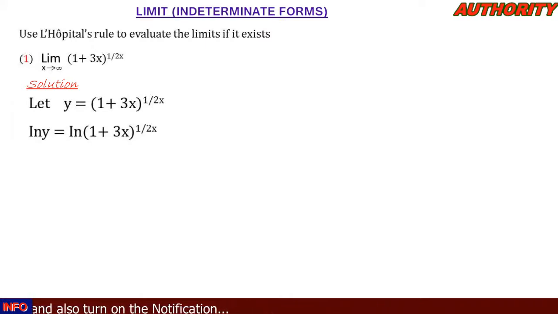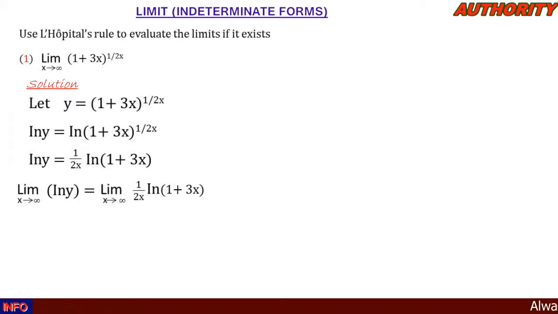So ln y is equal to 1 all over 2x times ln(1 plus 3x). Let's take the limit on both sides. We have lim as x approaches infinity of ln y is equal to lim as x approaches infinity of 1 all over 2x times ln(1 plus 3x).